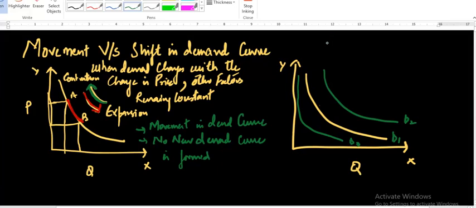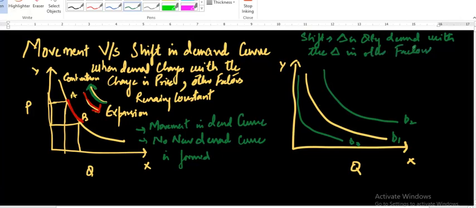Now, a shift in the demand curve is known as the change in quantity demanded with the change in other factors, price remaining constant.